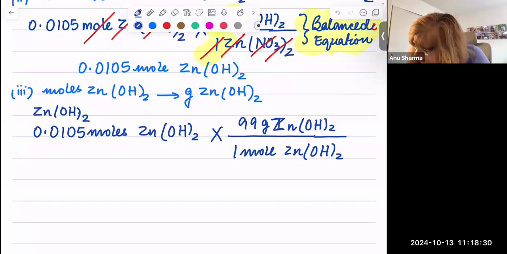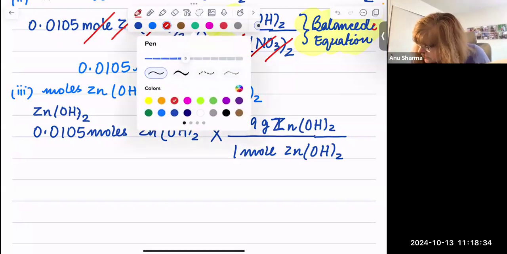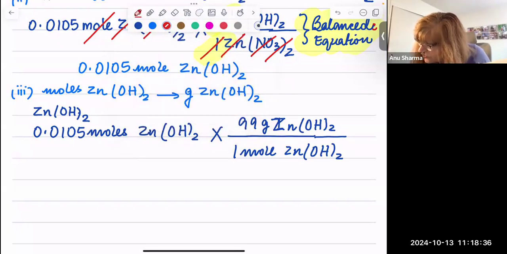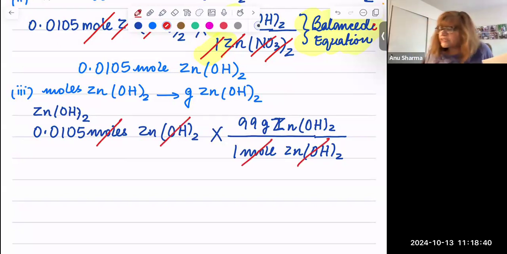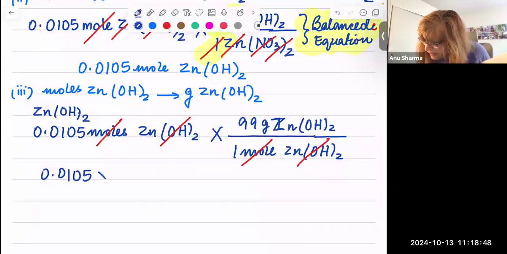So what do you see here? Moles of zinc hydroxide cancel out, and you are just left with the grams of zinc hydroxide. So just do the math. 0.0105 multiplied by 99 and then divided by 1.